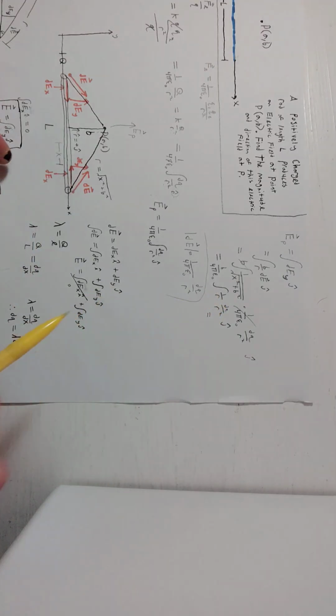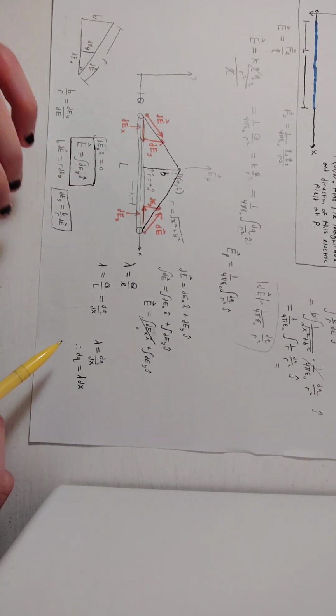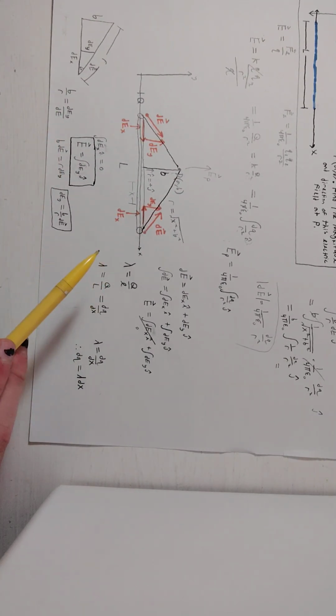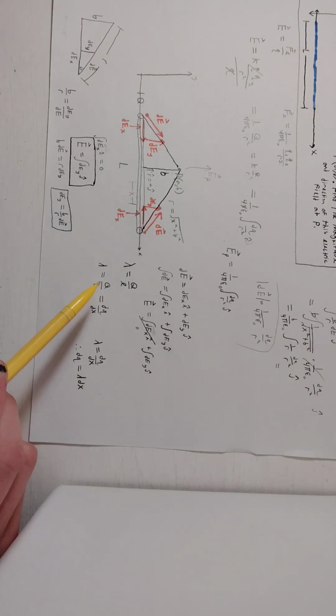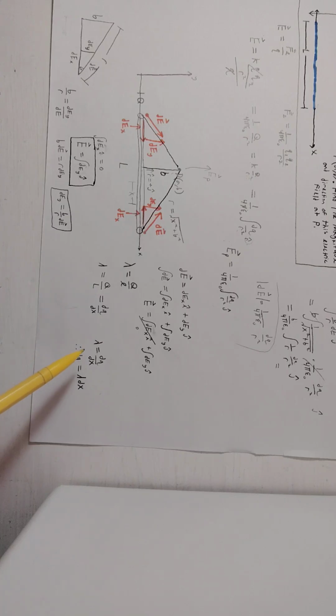We found an expression for dq previously because we knew it was a uniformly charged rod, so it had a linear charge density lambda, which equals q over L. So we formed a differential. Because of how we define linear charge density, we know that lambda dx should equal dq.